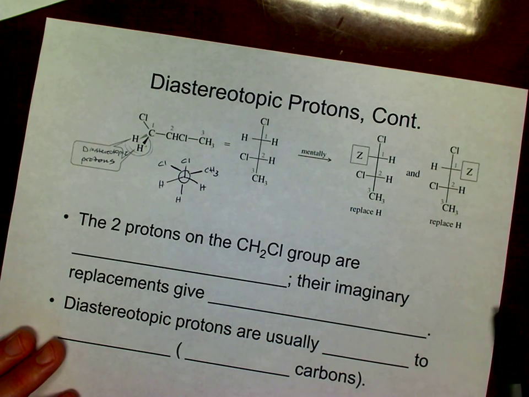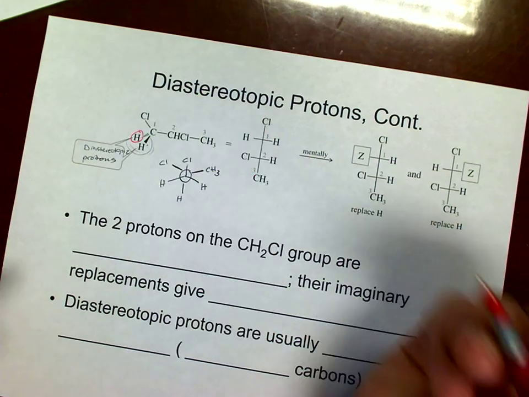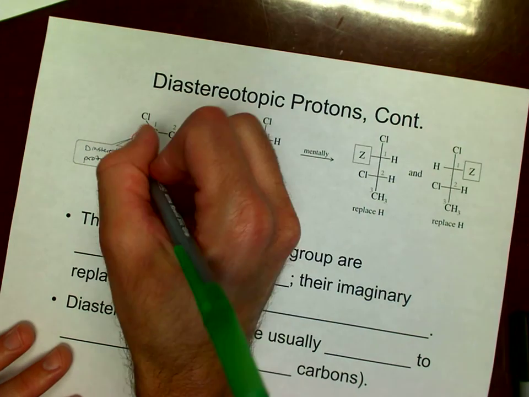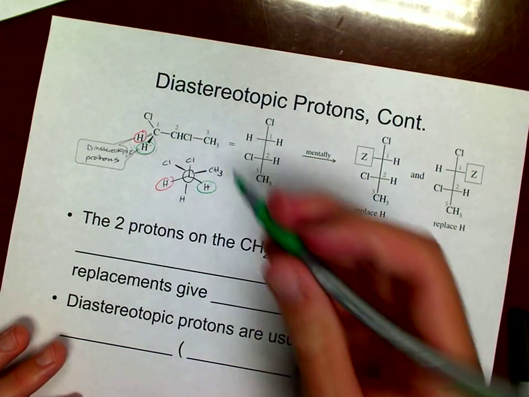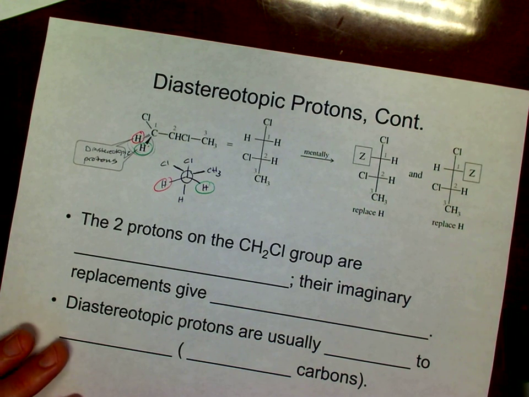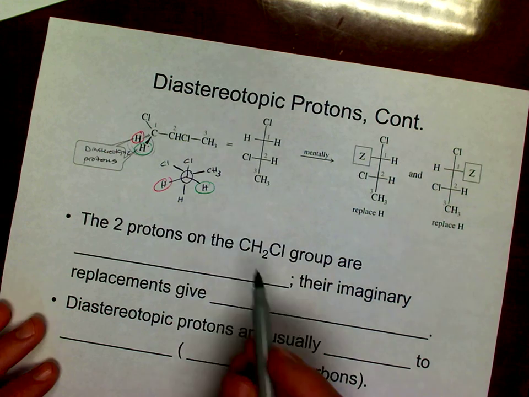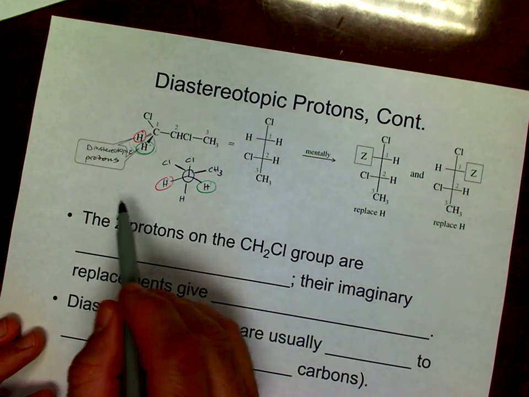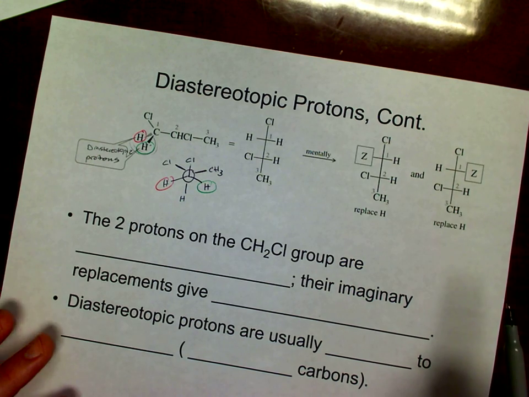Now if you notice something, I'll circle one of them in red, that one there, and I'll circle the other one in green, that one there. No matter how you spin that around, proton red is always going to feel something different than proton green. Their environments are never going to be the same, and so that's why they are diastereotopic.